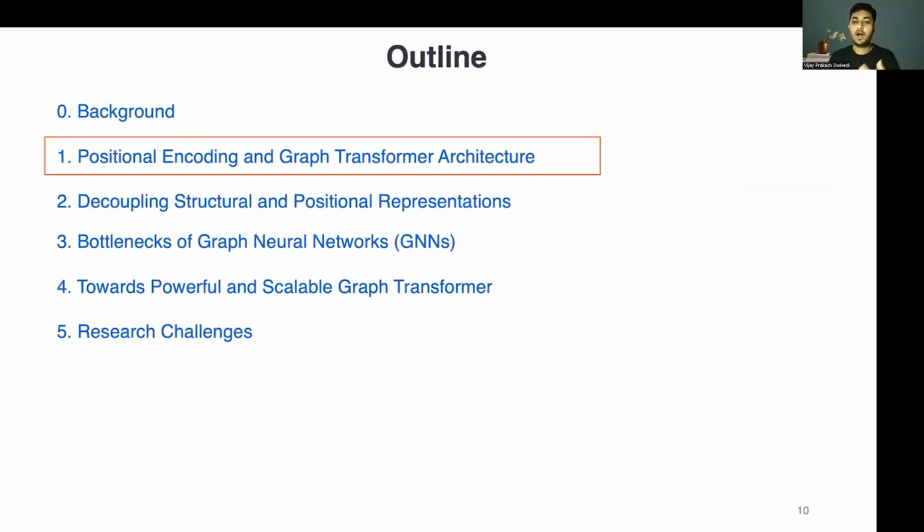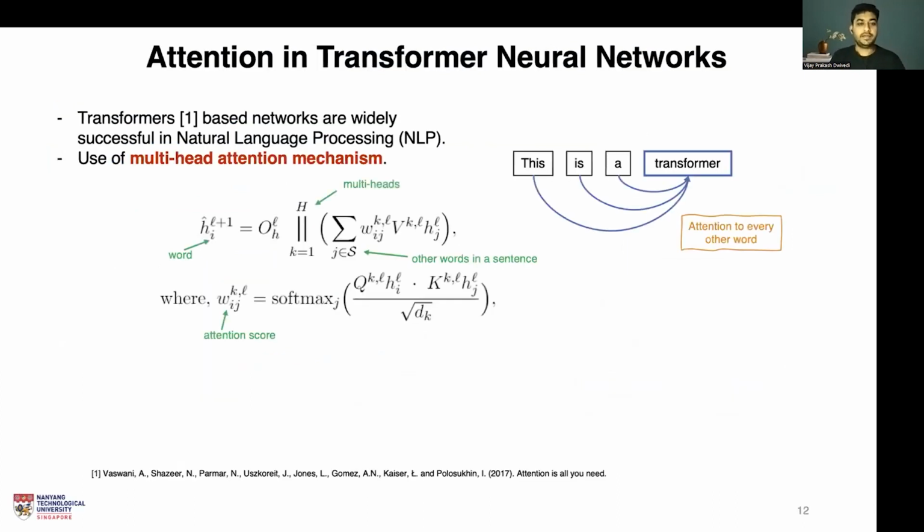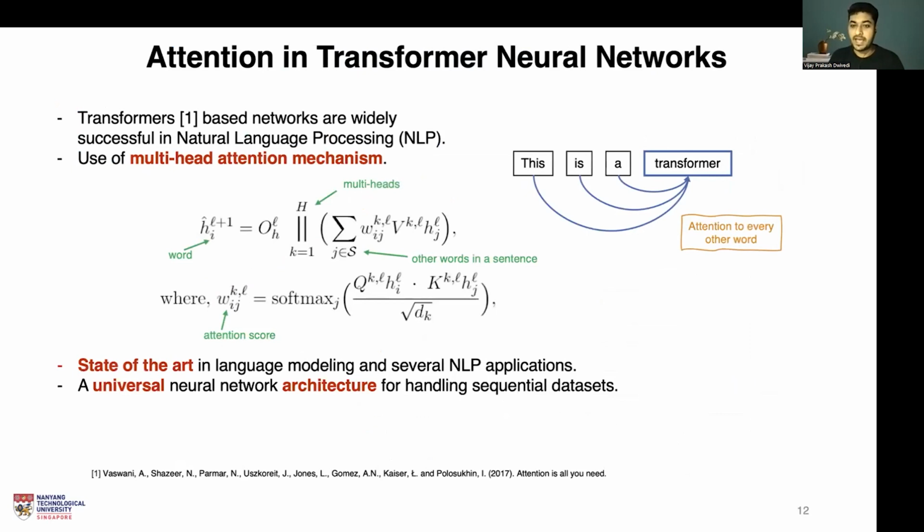So I'll start with how we introduce the vanilla graph transformer architecture by doing straightforward generalizations from the transformer architectures in NLP. We consider 2 design aspects to design the vanilla graph transformer architecture. The first is the graph sparsity, and the second is the positional encodings. In transformers, we have this multi-head attention mechanism, which is a dynamic way of attending to different words in a sentence when generating a word's feature representation.